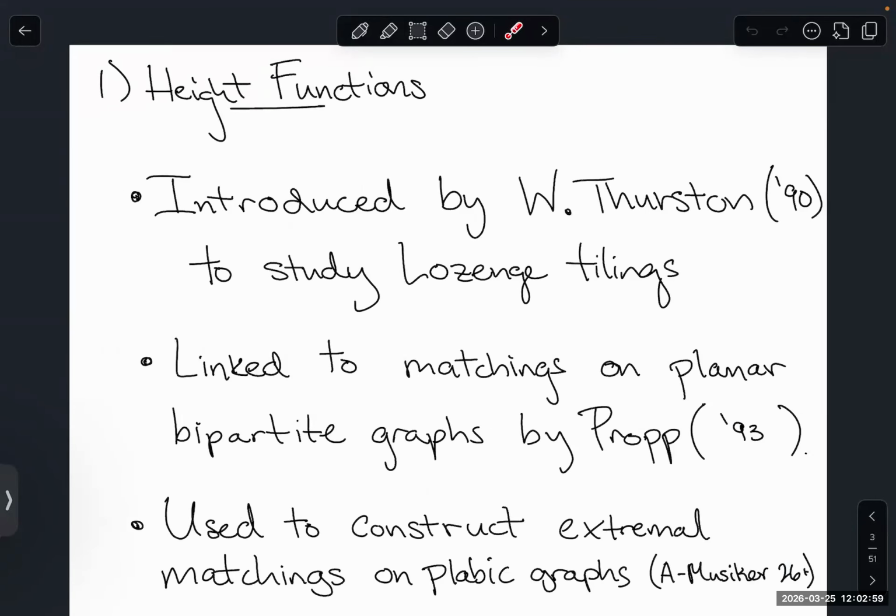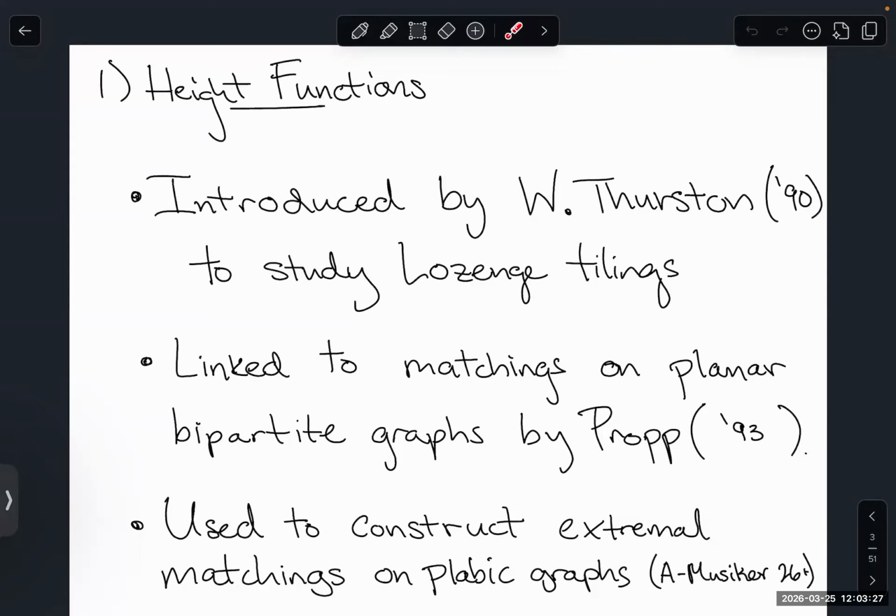So historically, height functions were introduced by Bill Thurston in 1990 as a study for Lagrange tilings, and height functions were giving physical altitudes to these objects, these regions. Just a few years later, Propp linked these to matchings on planar bipartite graphs.